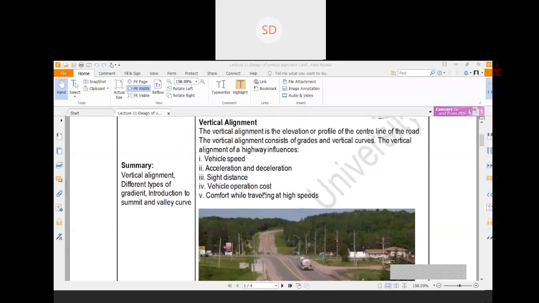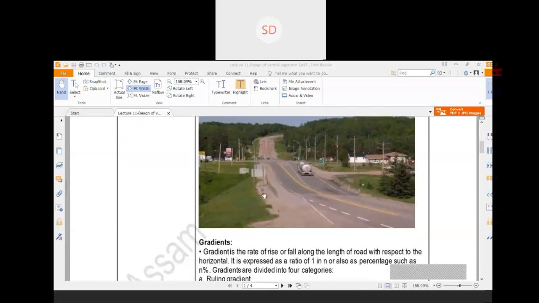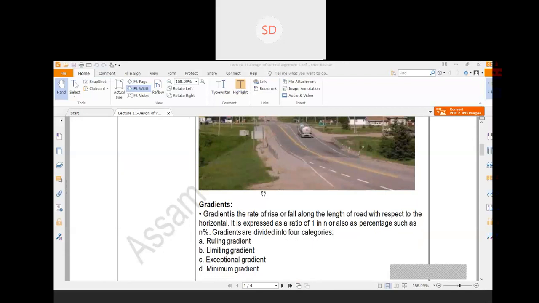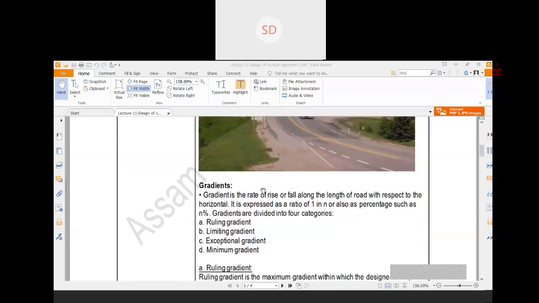Now, from the vertical alignment, the first one is gradient. Gradient is basically the minor undulations over the road. Gradient is the rate of rise or fall along the length of the road with respect to the horizontal. It is expressed as a ratio of 1 in n, or it can also be expressed as a percentage.